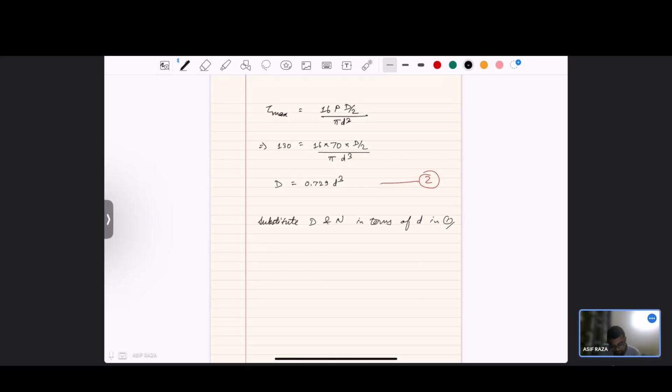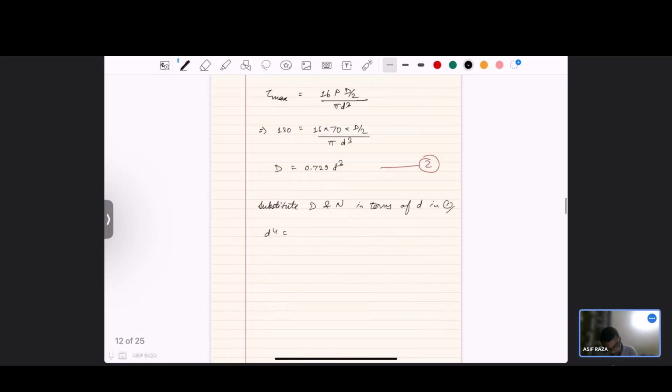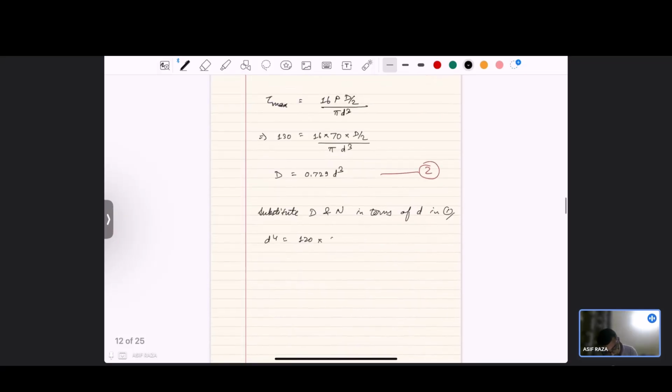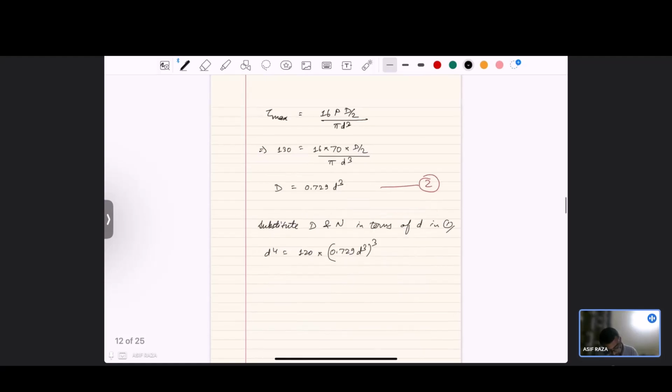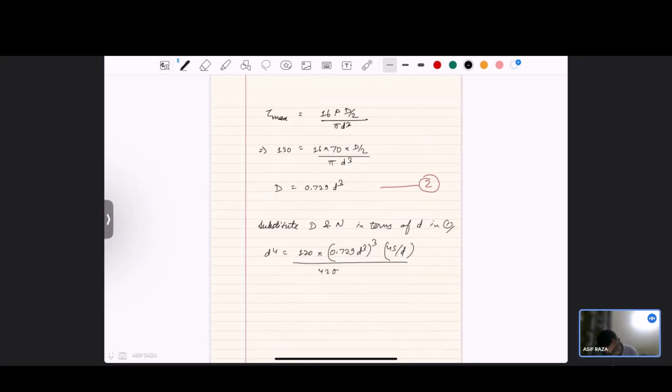Thus this would be d to the power 4, 120 into D cube is 0.729 d cube to the power cube. N is 45 by d divided by 4200.